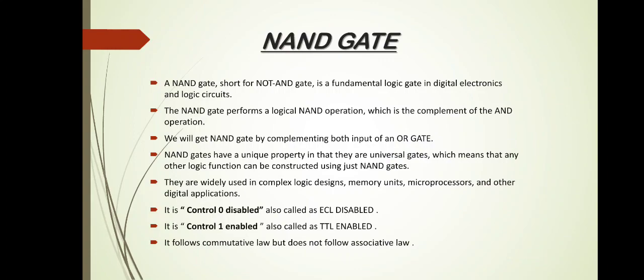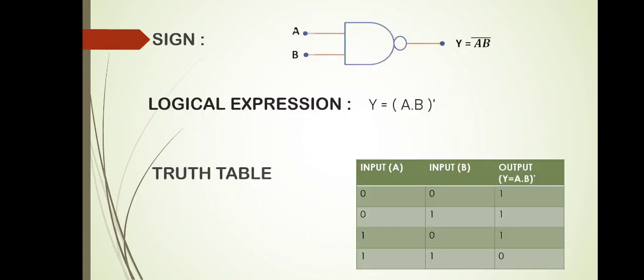The NAND gate is control 0 disabled, also called ECL disabled, and control 1 enabled, also called TTL enabled. It follows the commutative law but doesn't follow the associative law.